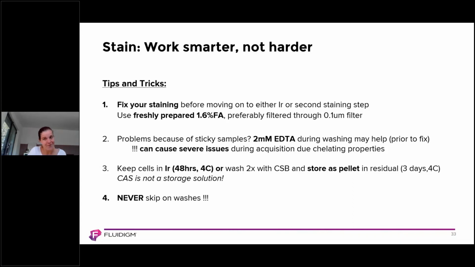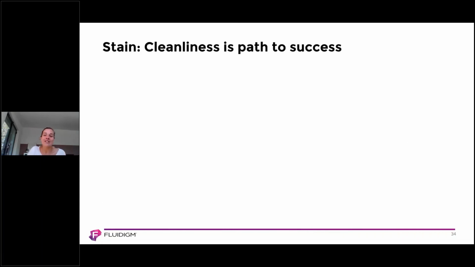And yes, something really important, never skip washes. Sometimes you can say, oh my God, this protocol is too long because you have to do the surface staining, then the fixation, the intracellular staining, and sometimes you may want to just skip some steps and some washes.